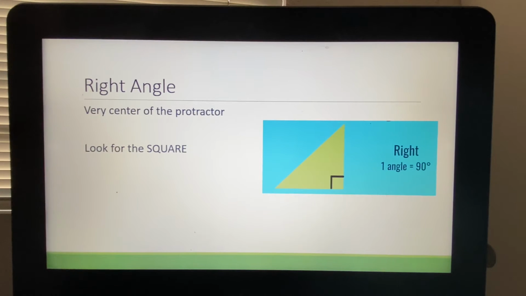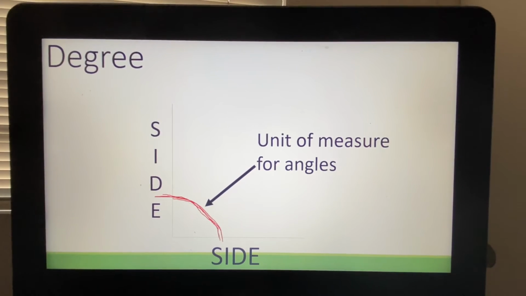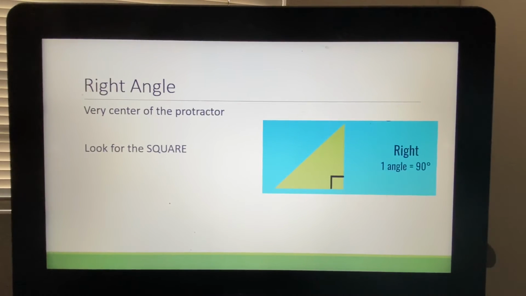So the different types of angles. We'll start with the most basic one, which is the right angle. You'll notice that it's the very top and the very center of your protractor. As you can see for a right angle, these are straight lines.